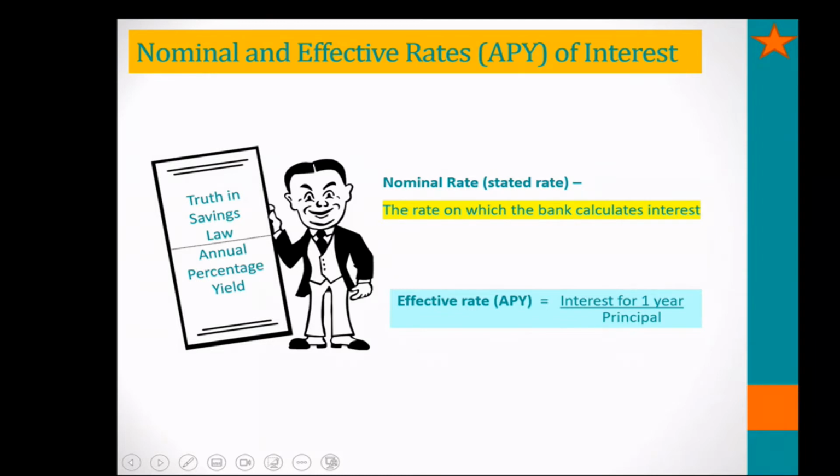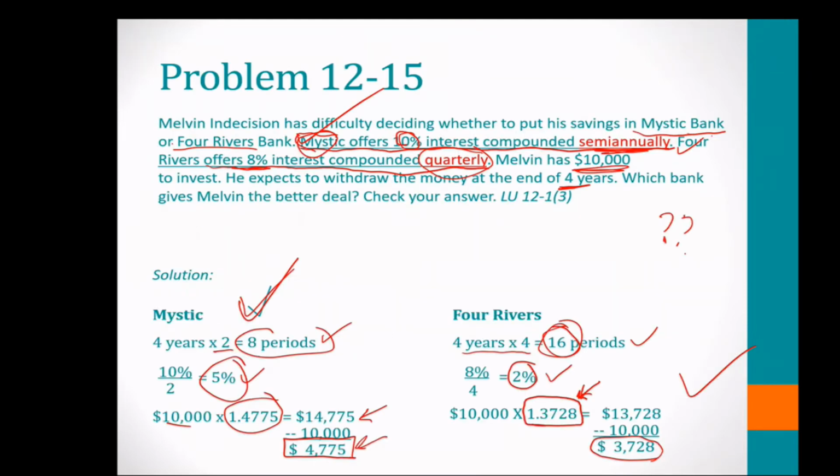Let's take something new: nominal and effective rate. What is the effective rate? The nominal rate is the rate at which the bank calculates interest. It means this nominal value.